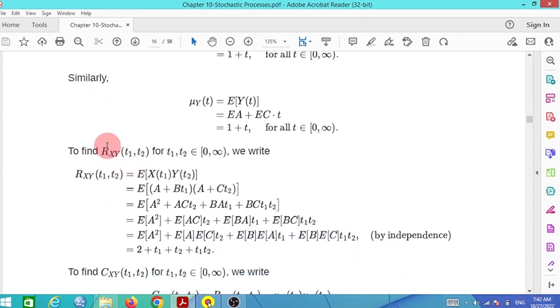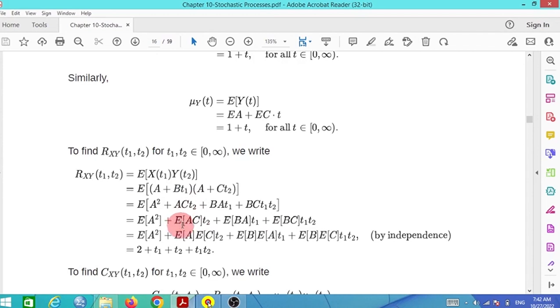So to calculate the correlation function, we must define the expected value of xt1 multiplied by yt2. Replace x and replace y, multiply this parenthesis by this, and you get this. Expected value of a sum equals the sum of expected values.